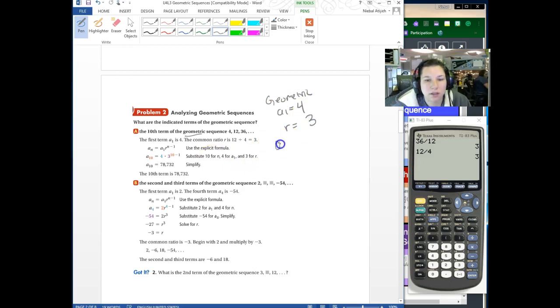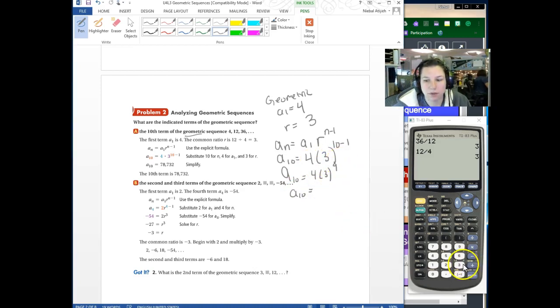So to find our explicit formula, any term you're looking for is the first term multiplied by r raised to your term number minus 1. So if I want the 10th term, it would be our first term, which is 4, times r, which is 3, raised to 10 minus 1. 10 minus 1 is 9.